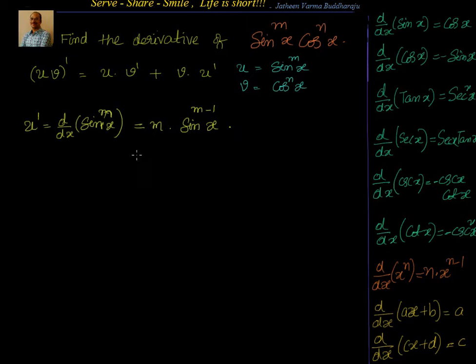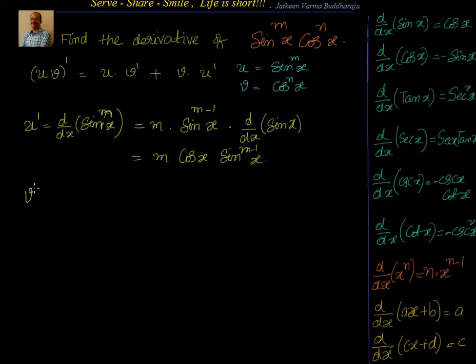Now, since the variable itself is a function, you should find the derivative of that, which is d by dx of sin x. This is the chain rule, right? So what you got here is m cos x sine to the power of m minus 1 x. That is the derivative of u, or sine to the power of mx.